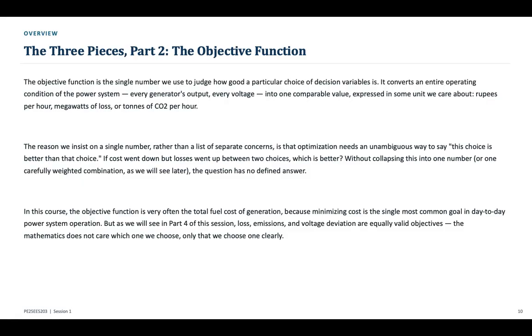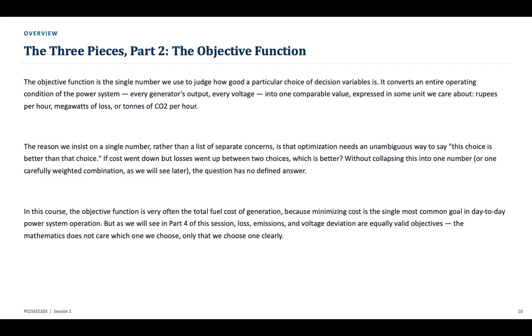The reason we insist on a single number, rather than a list of separate concerns, is that optimization needs an unambiguous way to say this choice is better than that choice. If cost went down but losses went up between the two choices, which is better? Without collapsing this into one number or one carefully weighted combination, the question has no defined answer.